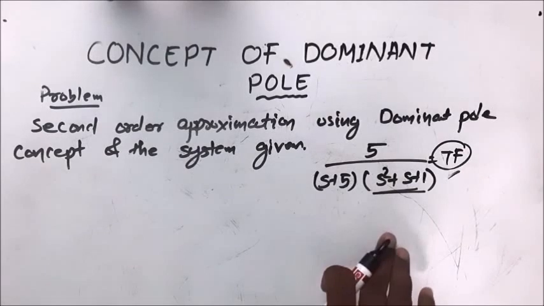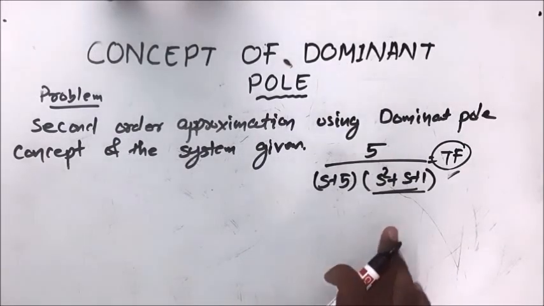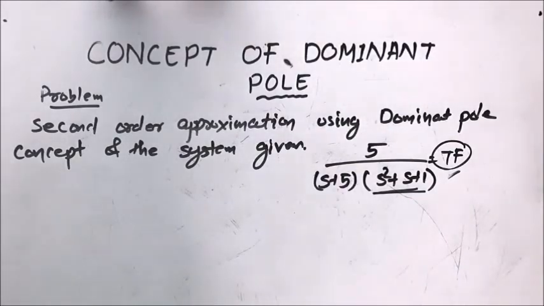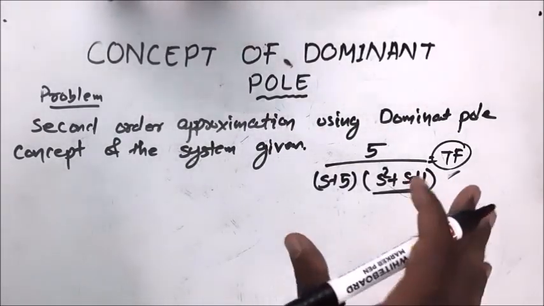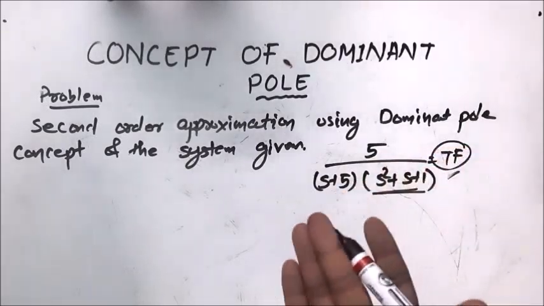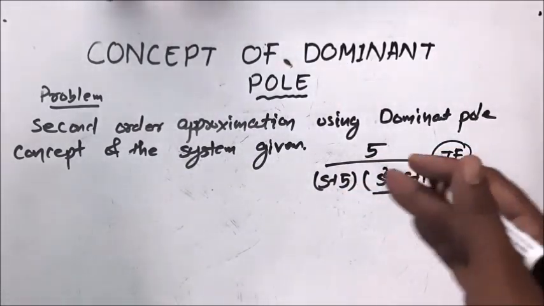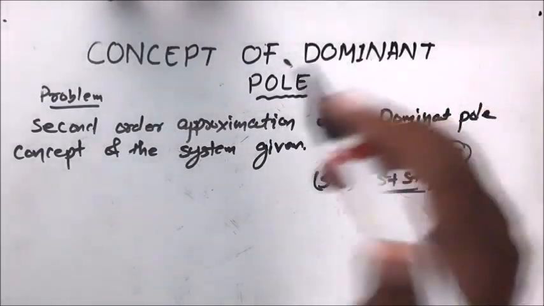What to do? We need to approximate those systems. If we find some dominant pole, then the transfer function can be approximated, or made into a second order system. Let's see how to do it.